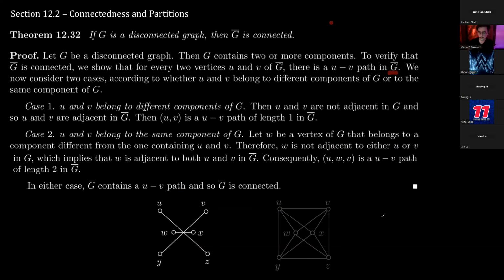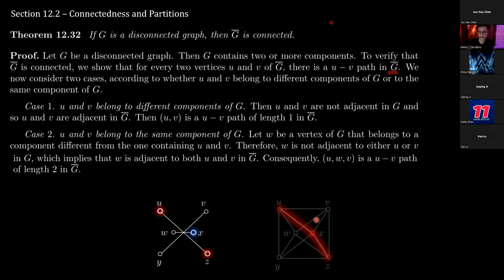The important part is the picture. So if we have W as a vertex of G, U and V, we would label it like this. This is U, this is V, and this is W. Okay. All right.